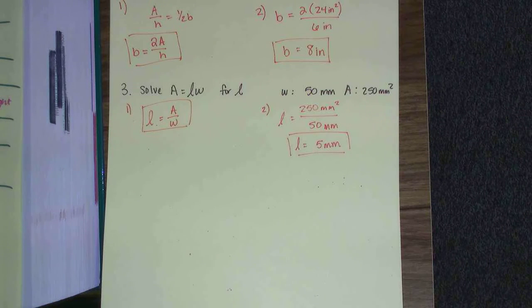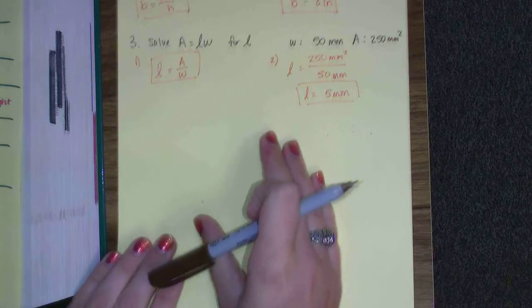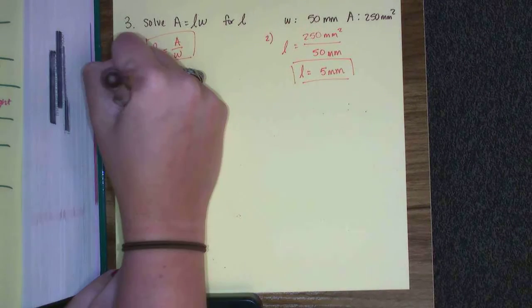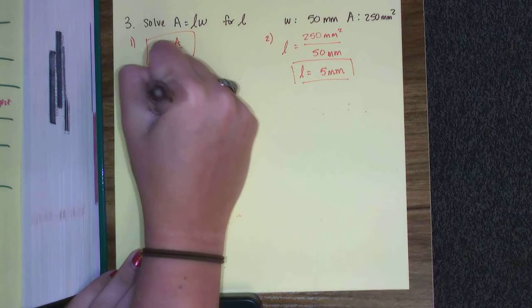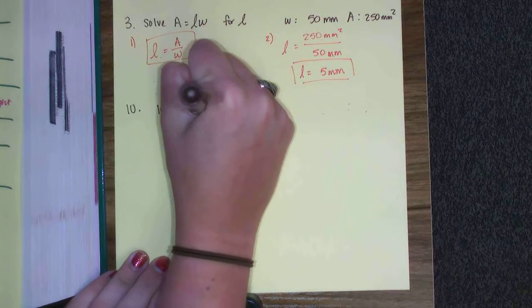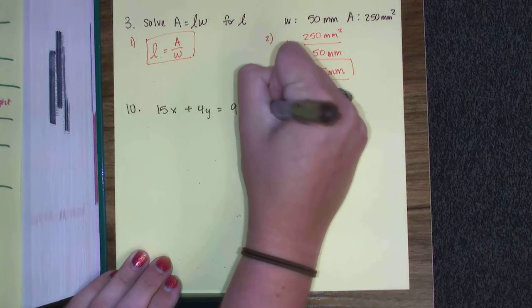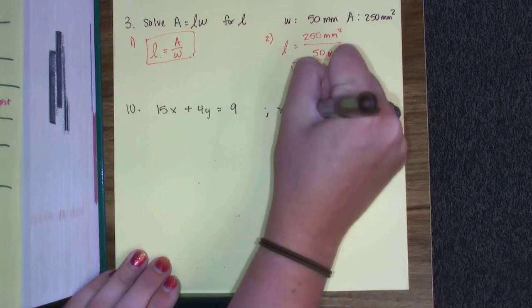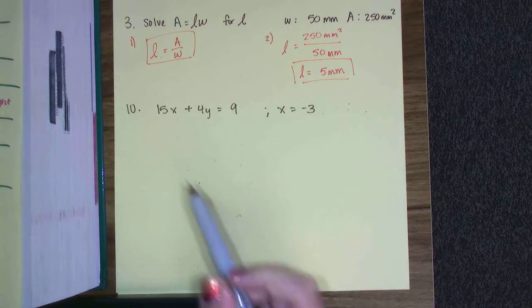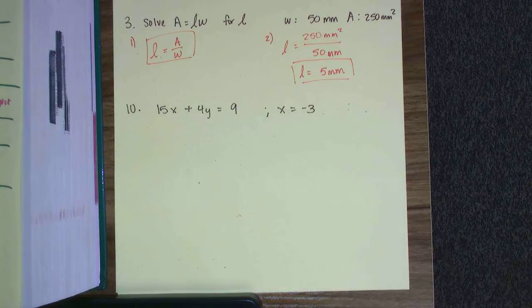Alright, so moving down, solve the equation for y, then find the value of y for the given value of x. So, number 10, 15x plus 4y is equal to 9, given that x is equal to -3. So again, my first step is to solve for the variable, and then my second step is to plug in the value. So I need to solve for y.